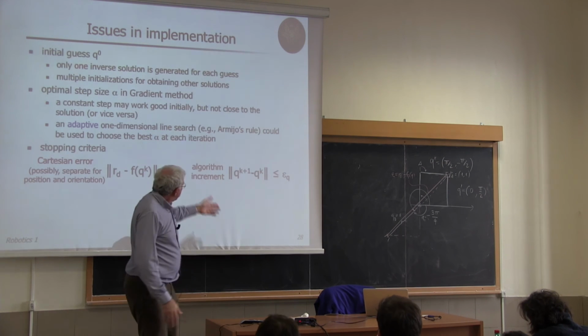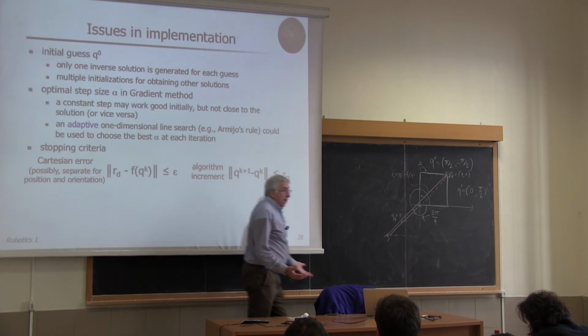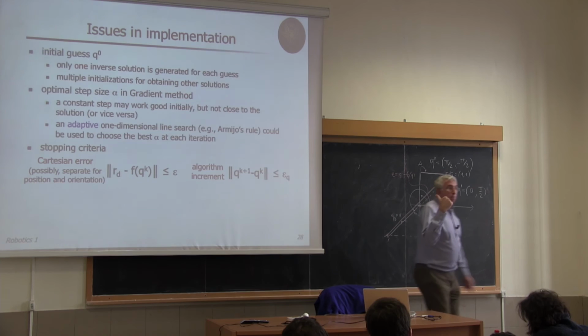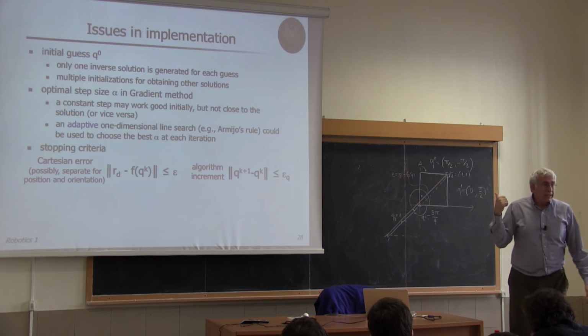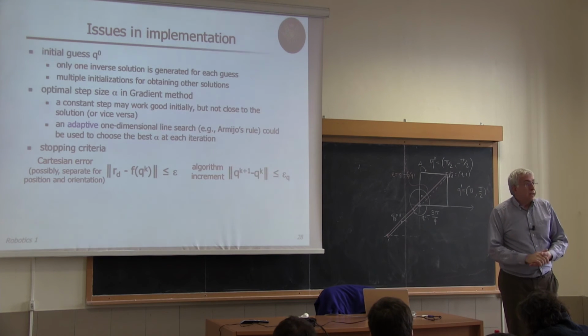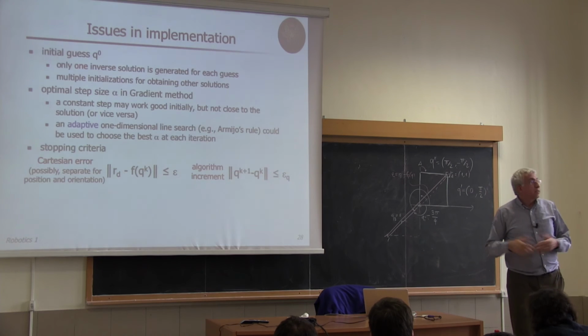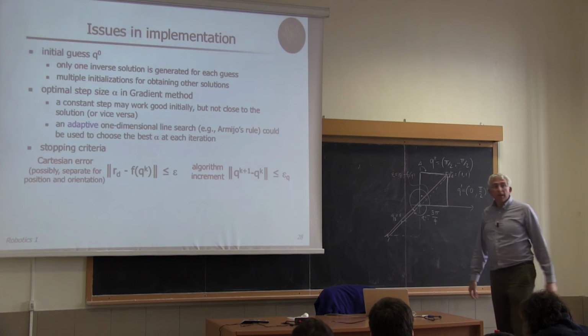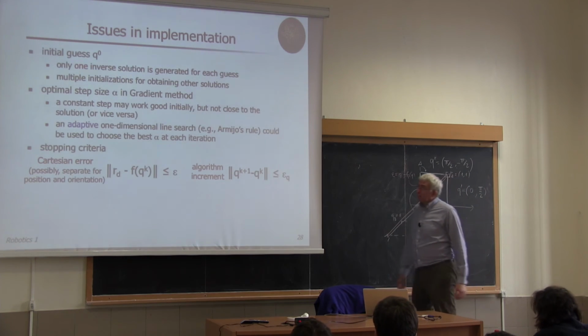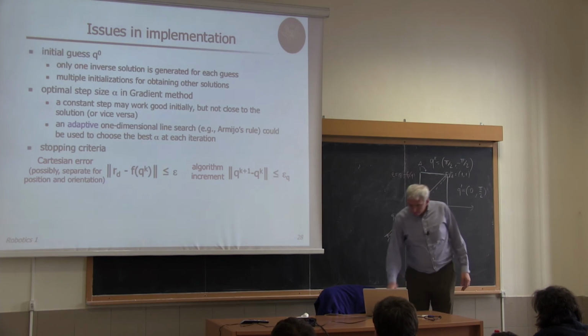So you should check also if you have not enough increment, which means you're stuck, and then you look at the Cartesian error. If the error is below that stopping criterion, you have found the solution. Otherwise, you are in a singular case and you are in a configuration in the null space of the Jacobian transpose. Okay.